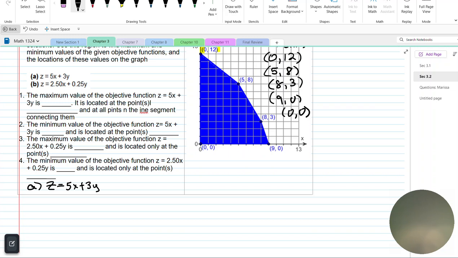And as we work these, we can see all of the regions and how it affects what we do with them. So we're going to do our points, and then we're going to do our function.